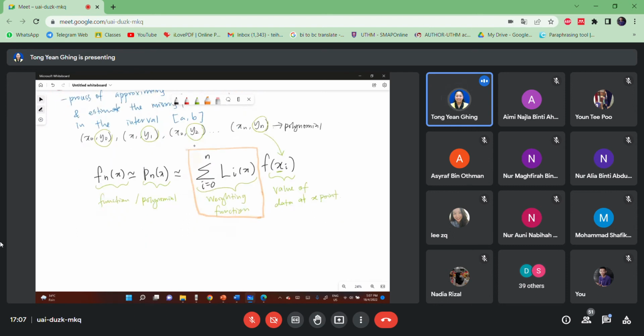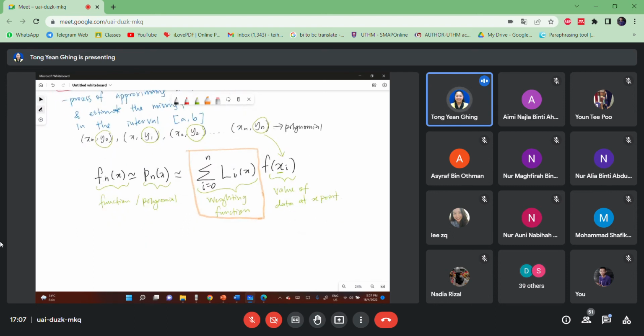What is this weighting function? So the weighting function here, L_i(x), is equal to the product of, when j equals 0, j is not equal to i, (x minus xj) over (xi minus xj).